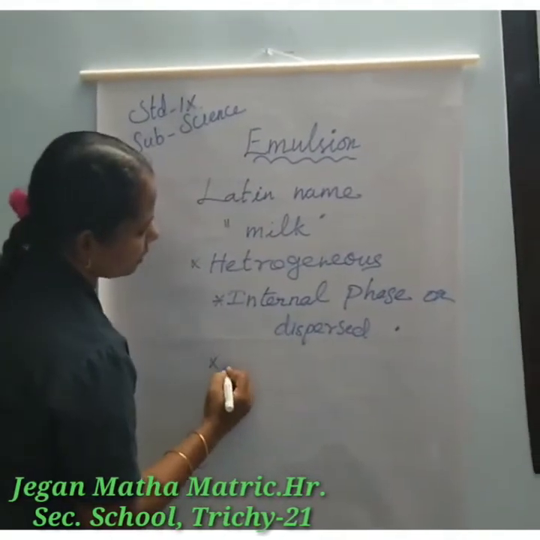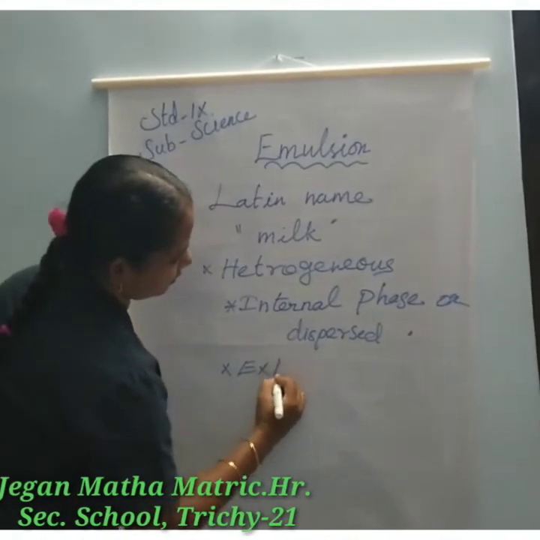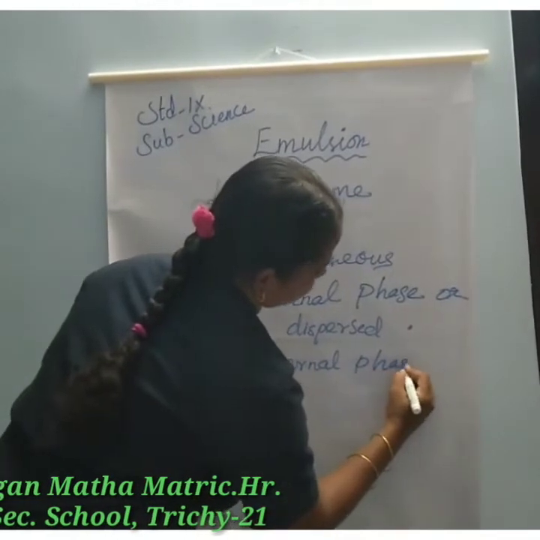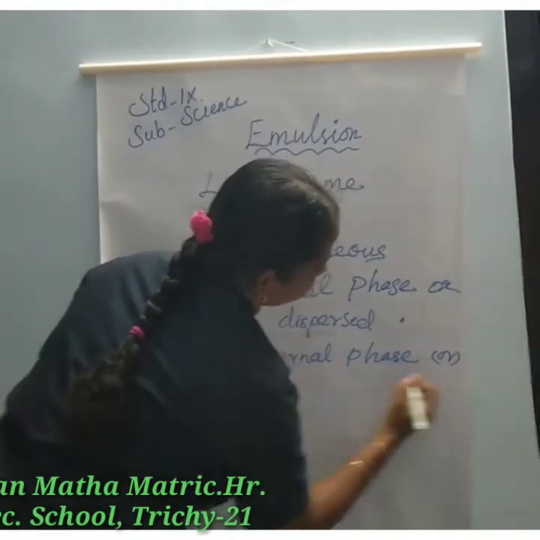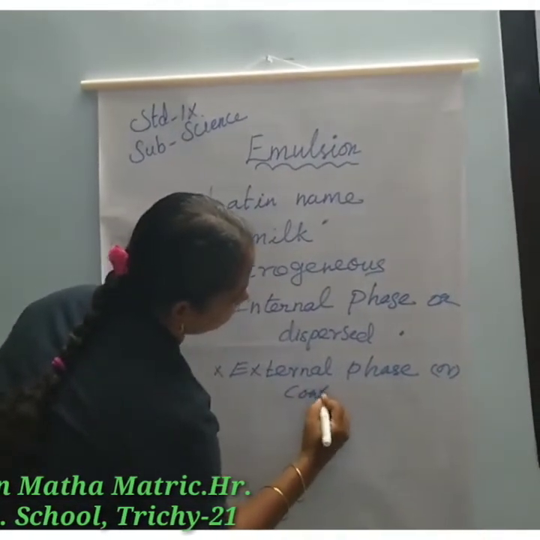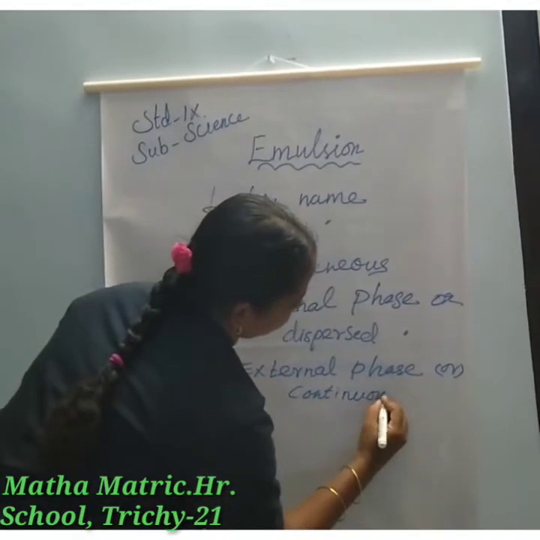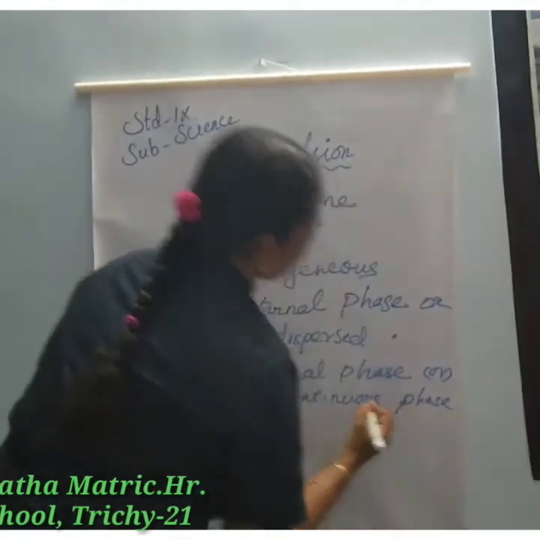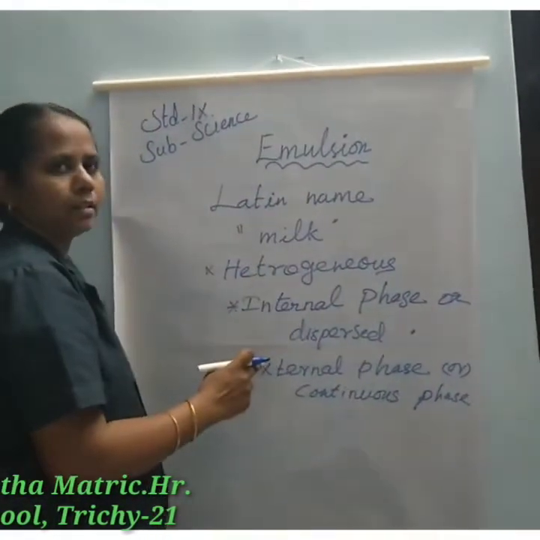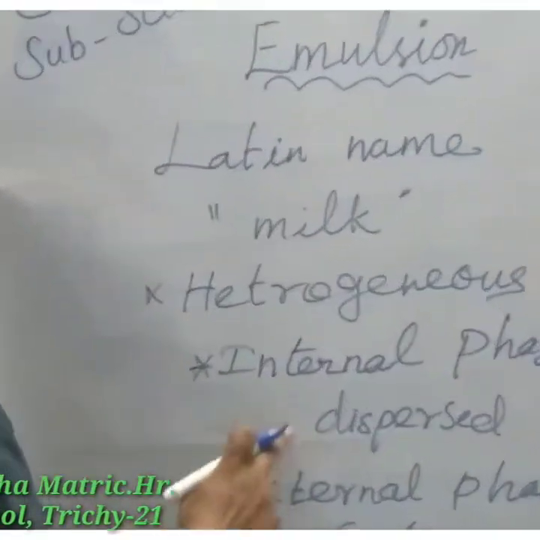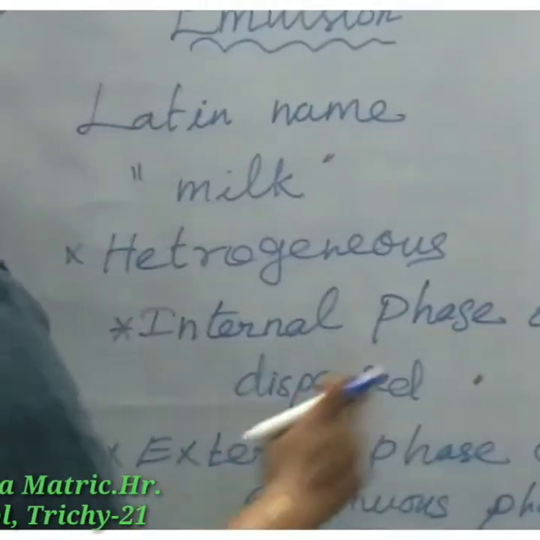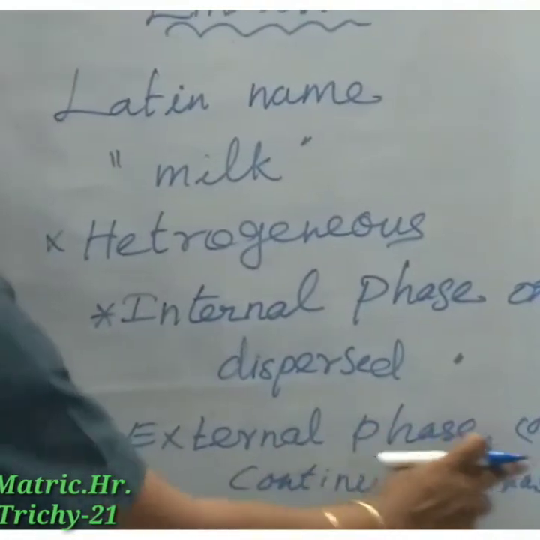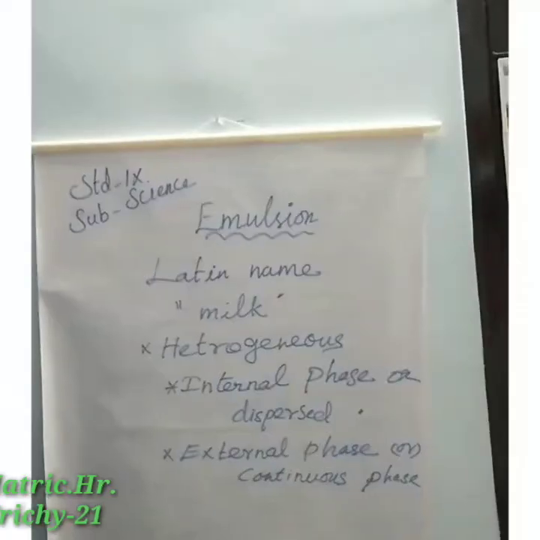Then second one, external phase or continuous phase. So emulsion consists of two phases, the internal phase or the dispersed phase, and the external phase or continuous phase.